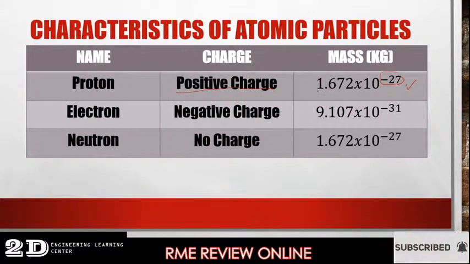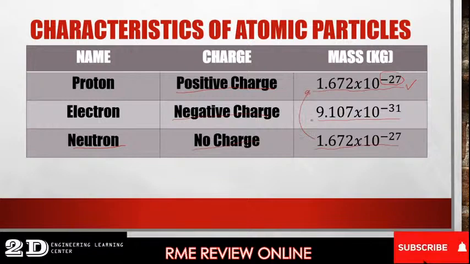So ganyan ka liit na number ito. So electron, so negative charge, ito yung kanyang weight in kilograms, and neutron, no charge. So they are equal. So equal yung weight ng proton at ng neutron.